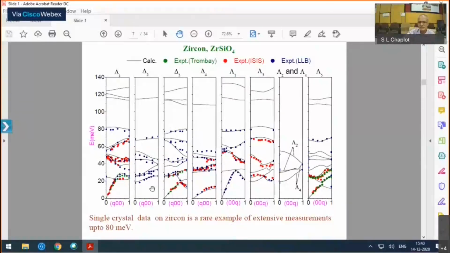So what we are trying to say is that in many crystals, specific phonons may be of very high interest. One may not be interested in all the phonons, but only certain specific phonons, and trying to measure how the frequencies and their lifetimes and the dispersion around it vary as a function of, say, temperature and pressure.